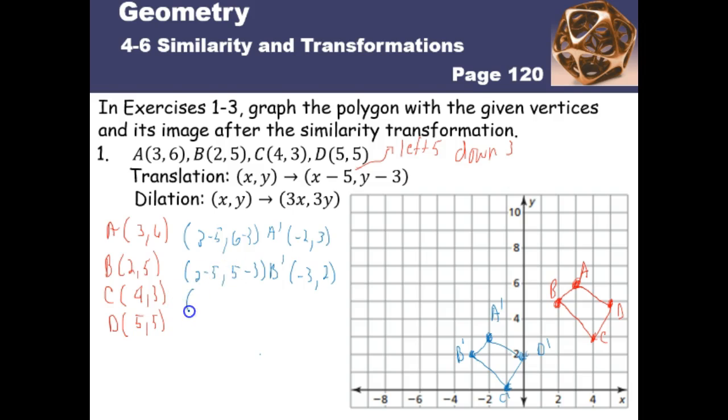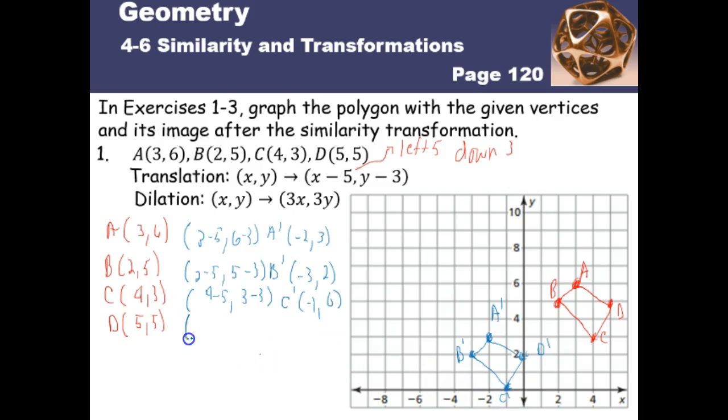And similarly for C. C is (4, 3). So I'm going to do 4 minus 5 and 3 minus 3. So C prime should be (-1, 0). And sure enough, it's (-1, 0).